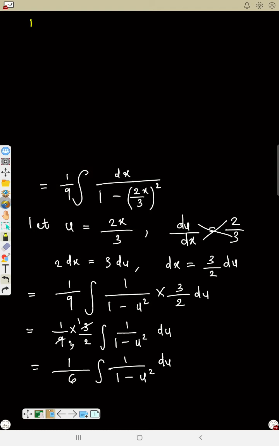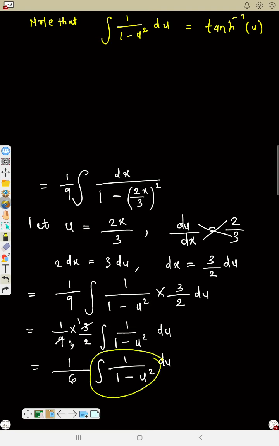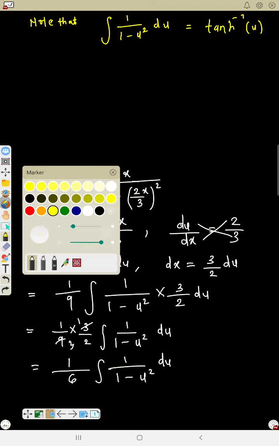Note that the integral of 1 over 1 minus u squared du is equal to arctan u. So this result now becomes arctan u.